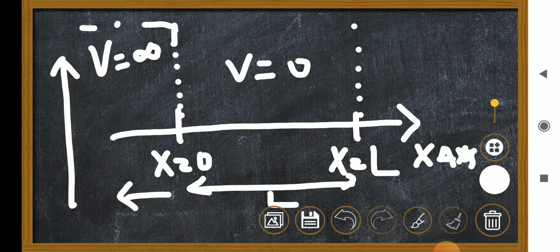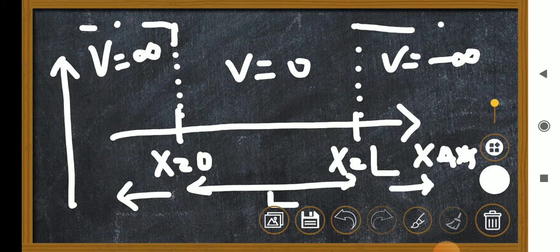Classically, this says that it is an impenetrable wall and the particle can't penetrate this wall. That's why V is taken as infinite. It is an infinite potential. Similarly, for x greater than L, in this direction we have V as infinite.